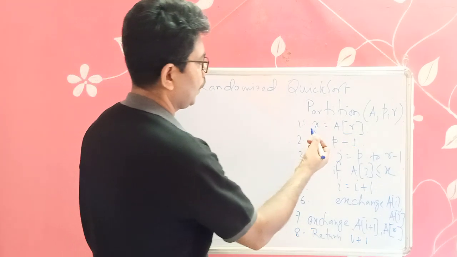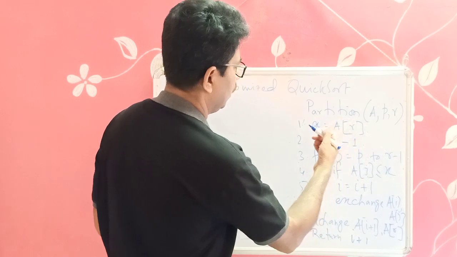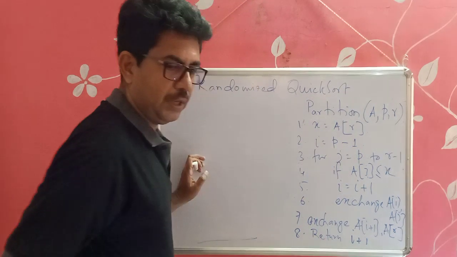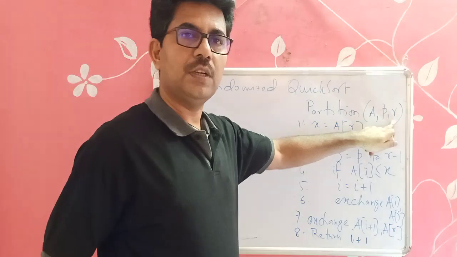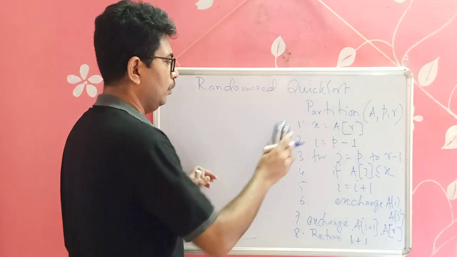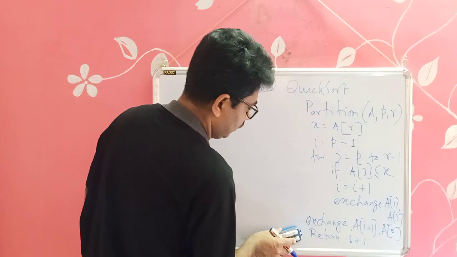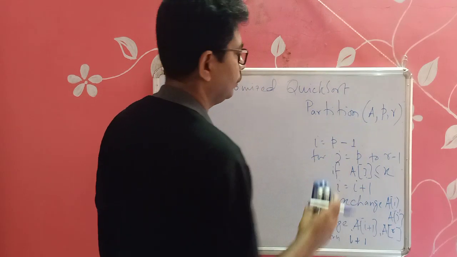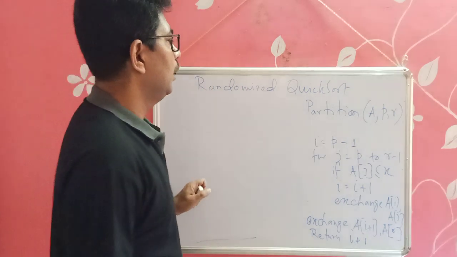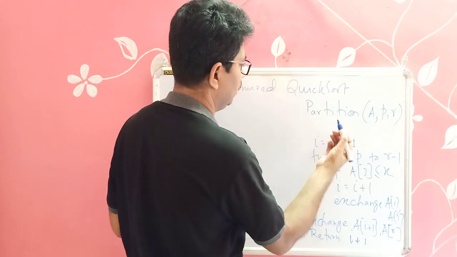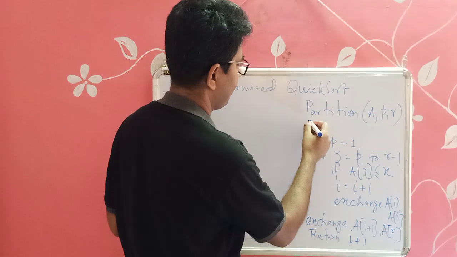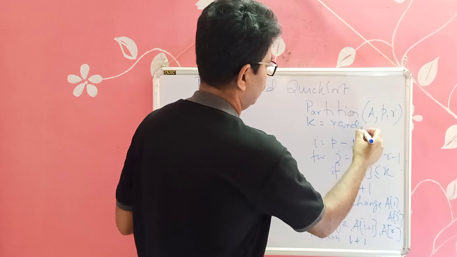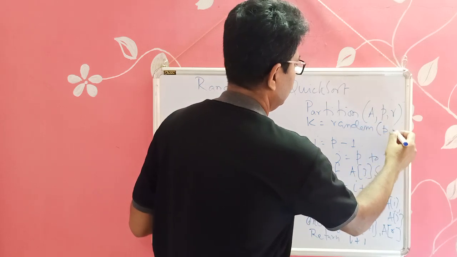See here, we will modify this version with x equals A[r]. We are considering the last element as the pivot element. Before doing this, we are erasing the indices here. What we will do is let k equal random from p to r.